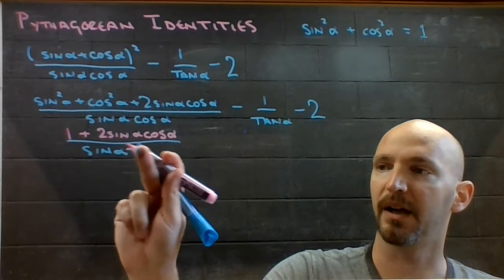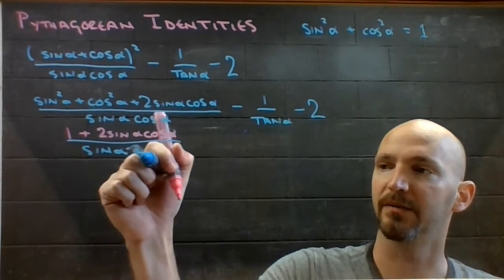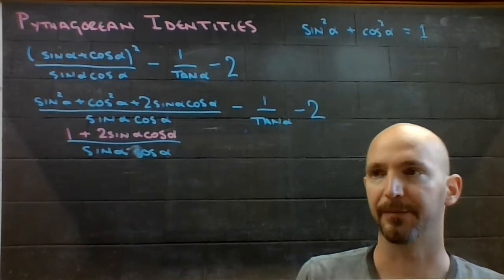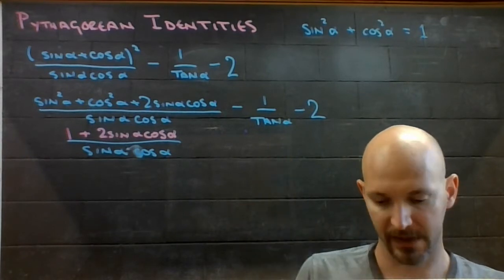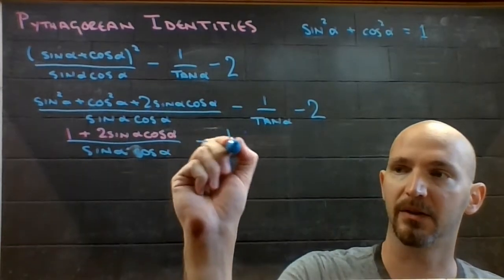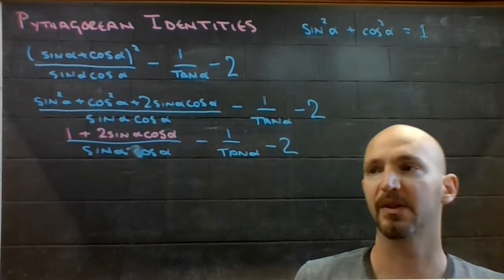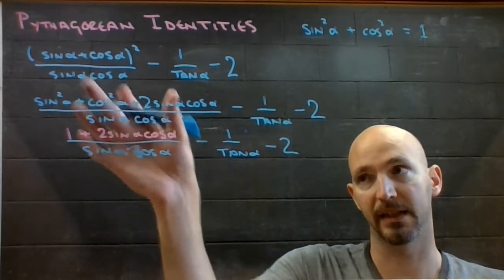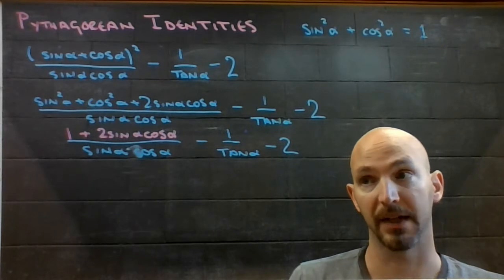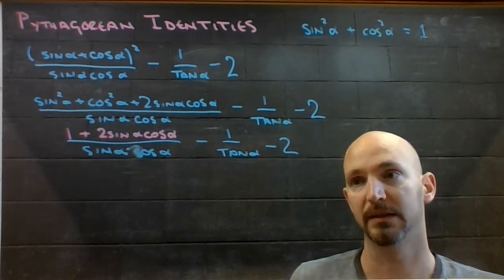And then the bottom here is sine alpha cos alpha. Okay. Now I have this thing here, minus 1 over tan alpha minus 2. So this is a little less complicated than that was because there's no square left. So we're going to keep going.